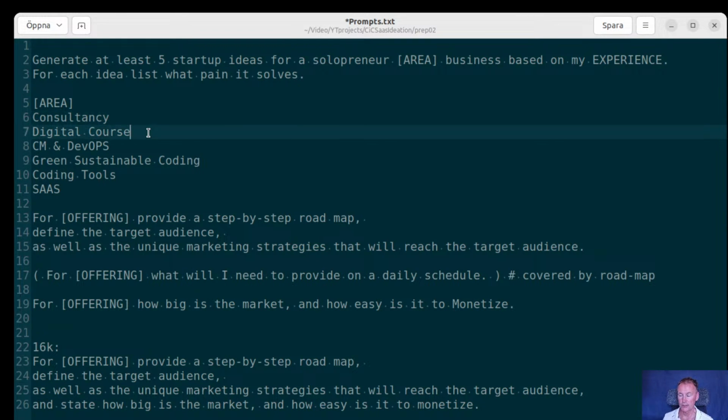I will look at digital courses, I will look at DevOps, I will look at sustainable coding, I will look at coding tools, and I will look at SaaS businesses. I guess I will get quite a lot of general things, but as I said, these prompts need to be a bit more targeted for what I want, I think, to get some better answers out of it.